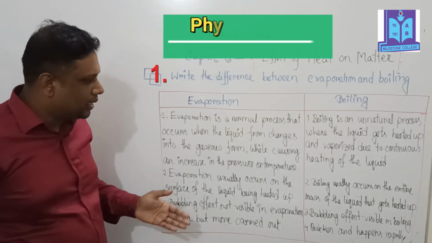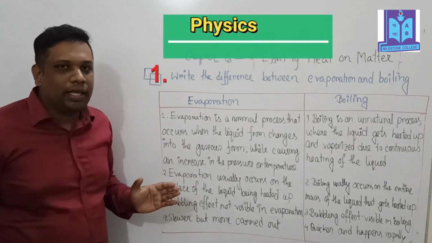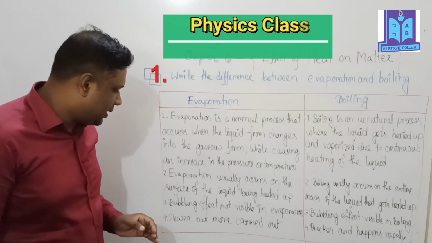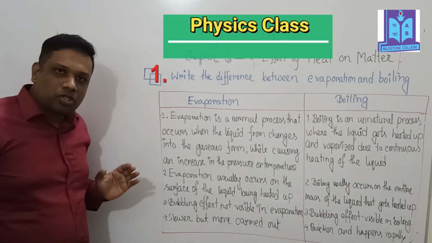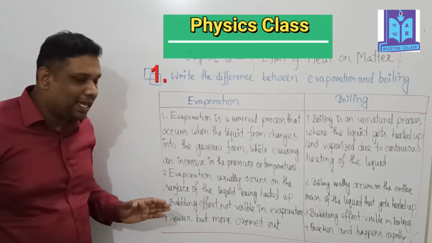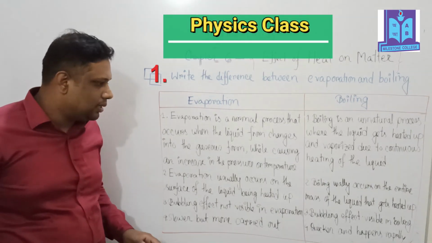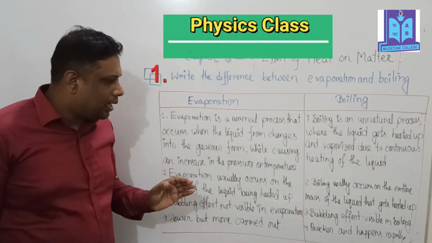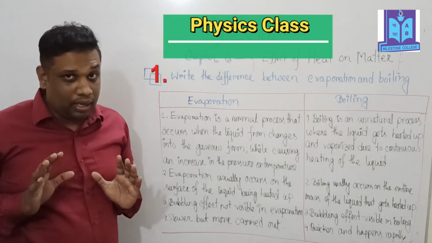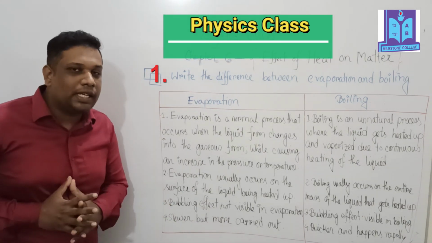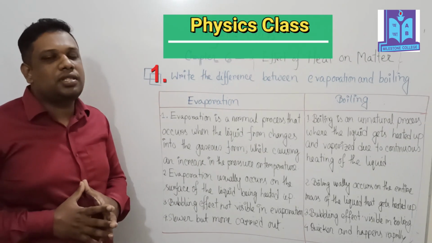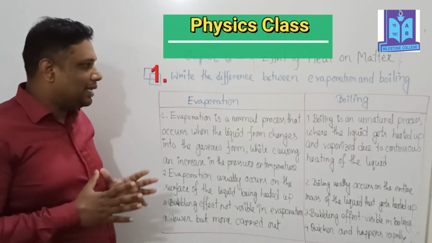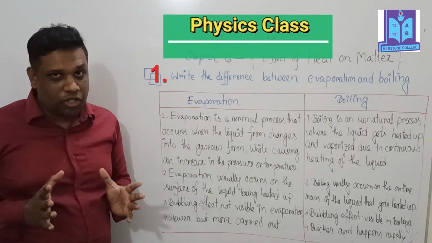On the other hand, boiling effect is visible in boiling. Then evaporation is slow but carried out continuously. Then boiling is quicker and happens rapidly. So my dear students, these are the differences you can write for this comprehensive question.